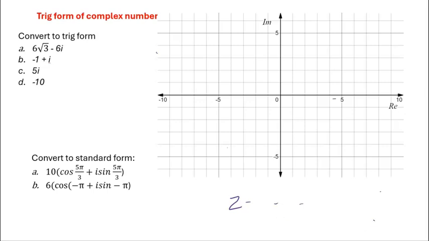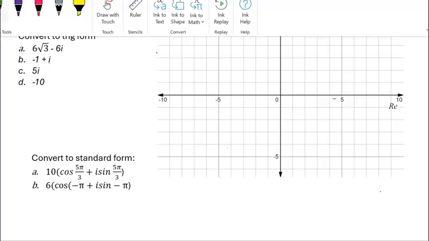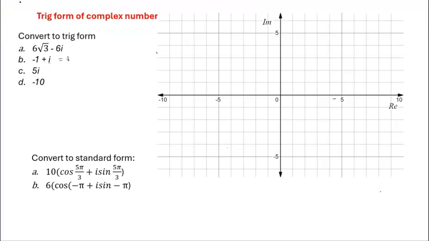Okay, and I can mark that answer down just so we know what that second one was since we already did it. So let's see, that was the same thing as the square root of 2 times the cosine, right, the x value of 3 pi over 4, plus i times the sine of 3 pi over 4.